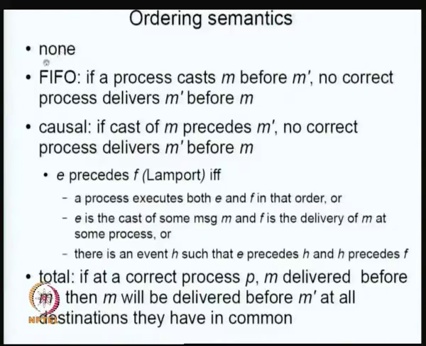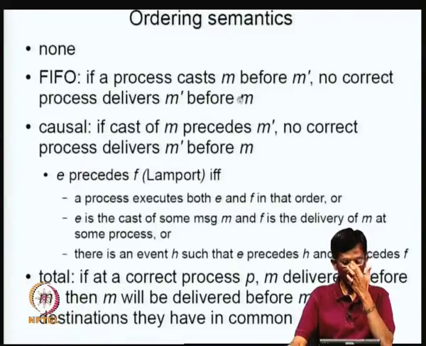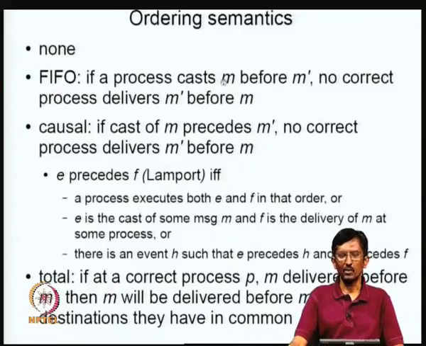I think I went through a few of them last time, when there are either no ordering semantics at all, or there could be FIFO semantics, in which the process either broadcasts or multicasts M before M prime, and no correct process delivers M prime before M. Basically it is clear that the process is doing both of them, M and M prime.